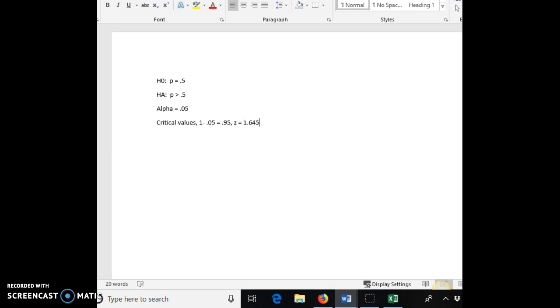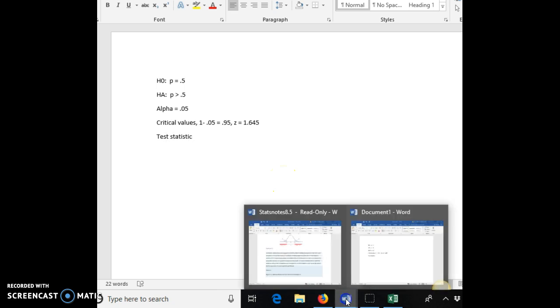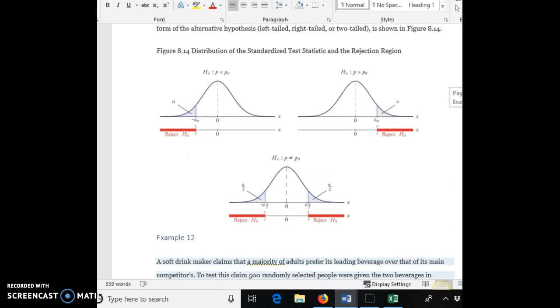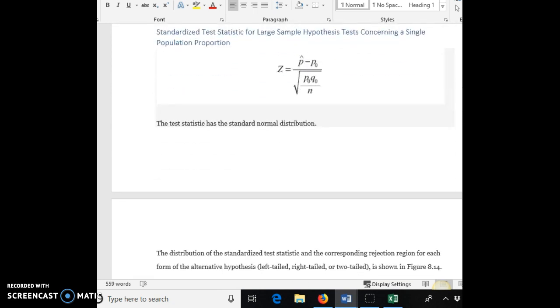Now, since it's right-tailed, anything to the right of 1.645 will be in the rejection region. Now, we have a different test statistic for our proportions, so let's look at what that is. There it is.